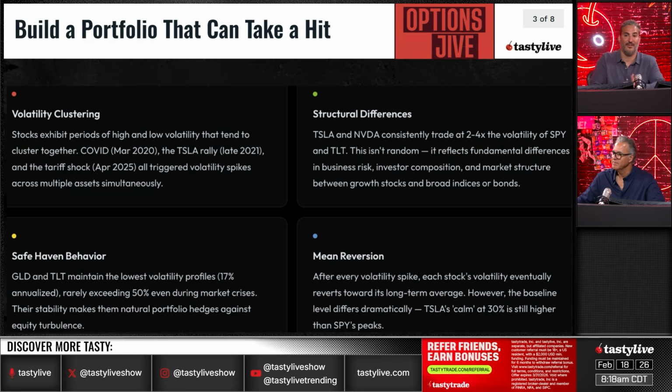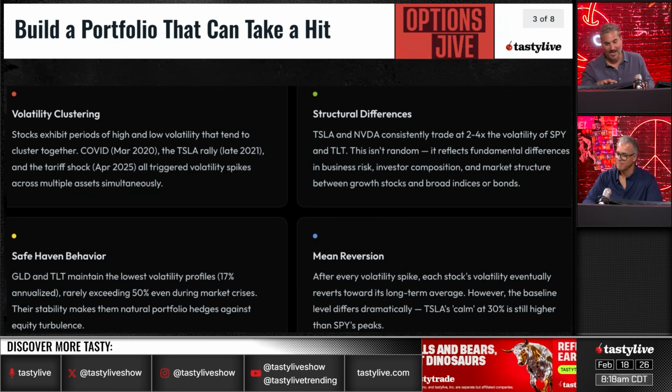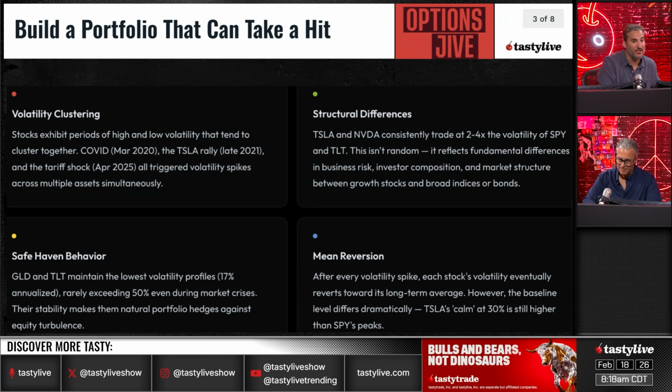Gold and TLT have binary aspects to them too, safe haven, flight to quality type things. And then there's mean reversion: when volatility gets really high, it comes back lower, and when it gets really low, it tends to percolate higher. These are all things that go into your trading here.